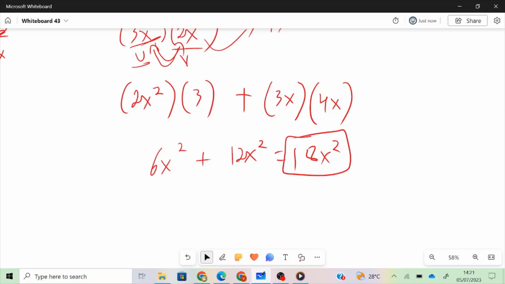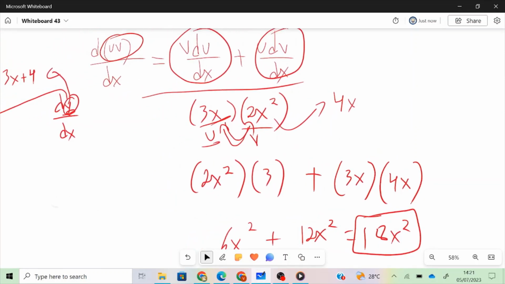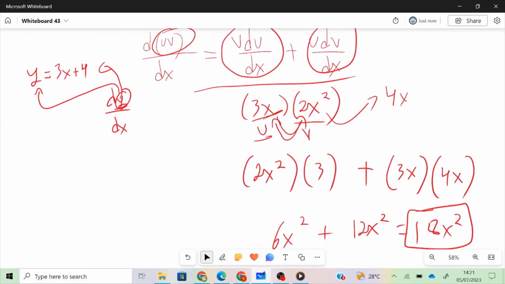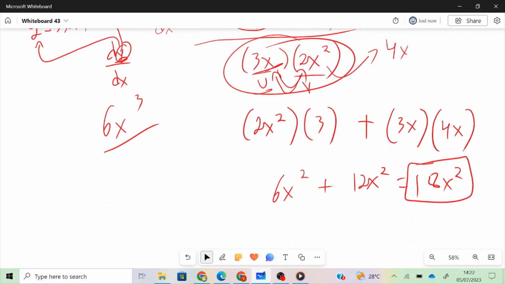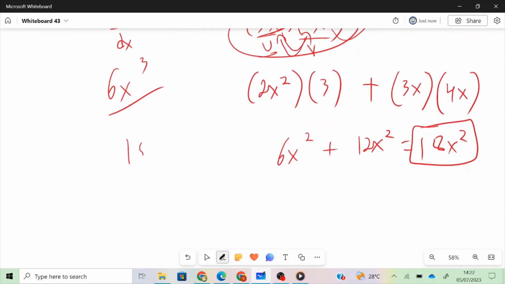Now the question that may be arising in your mind is, why are we doing this so complicatedly? Why not just expand, doing 3x times 2x squared, which is 6x cubed, and then find the derivative dy/dx as normal, which would also give us 18x squared, a lot quicker and more efficient? But this only works for questions limited to these types of functions.